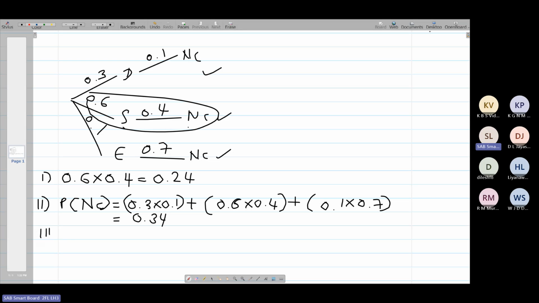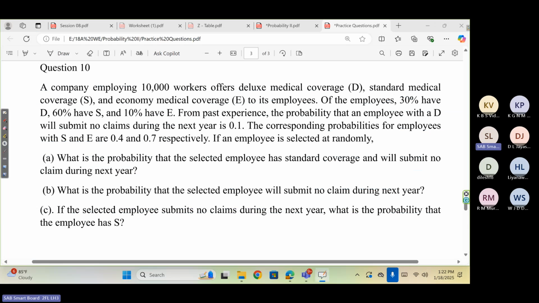Then the third one asks what? Part C: if the selected employee submits no claims during the next year, what is the probability that the employee has standard medical coverage?